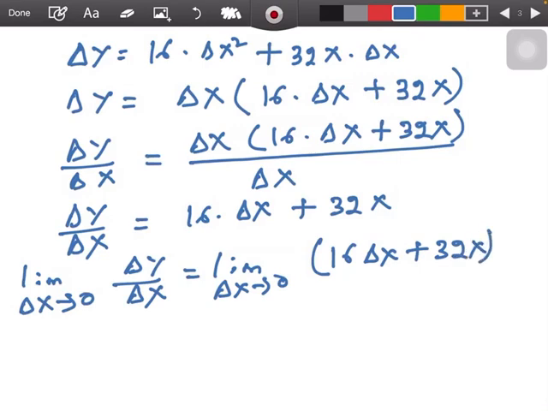This is your dy by dx. Limit delta x tends to 0, delta y by delta x is dy by dx, derivative of y with respect to x.